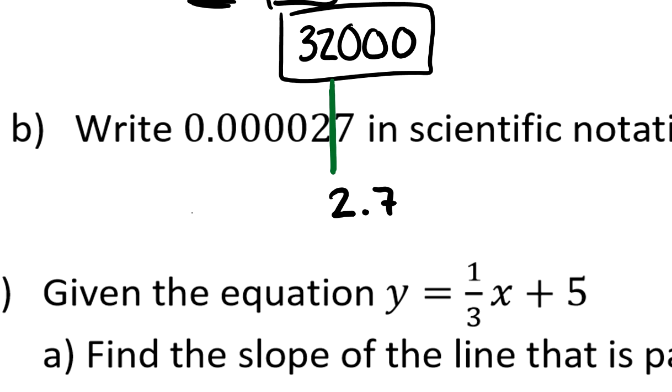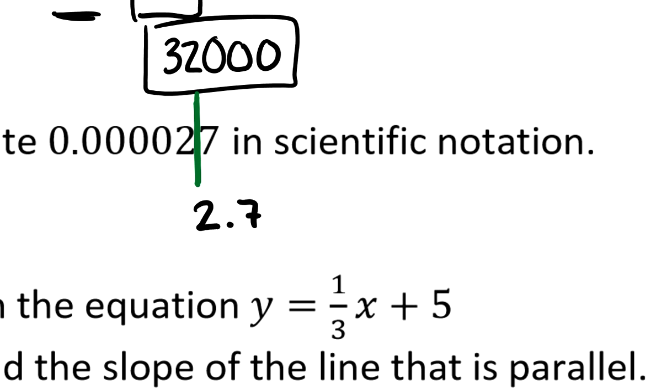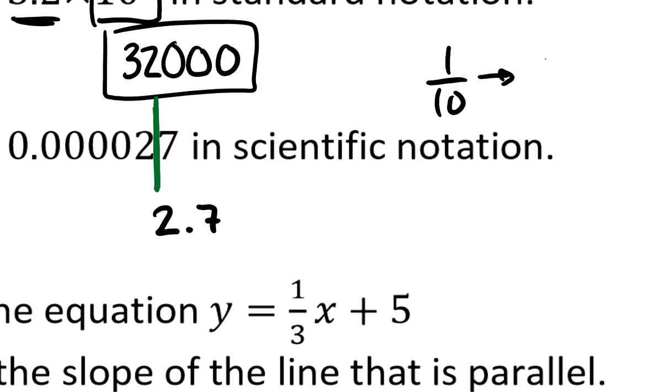And how am I going to make it smaller? Well, I'm going to divide it by 10. A lot. I'm going to divide it by many tens. And one of the things that we know is this division by 10 is the same thing as a negative factor of 10, 10 to the negative first power, right?